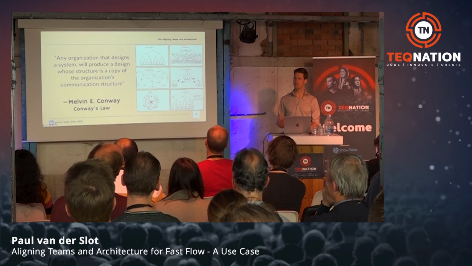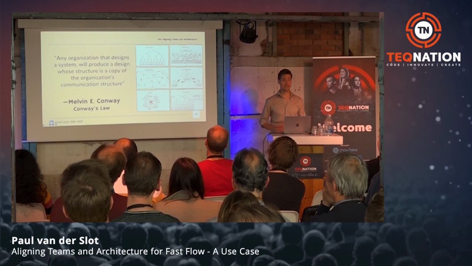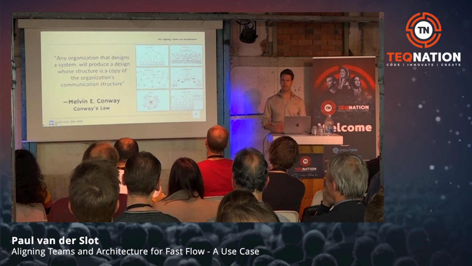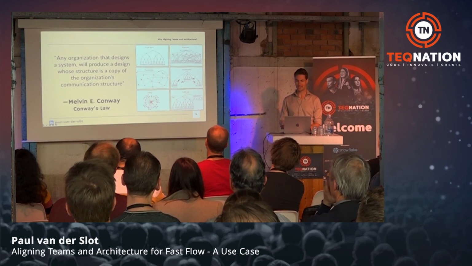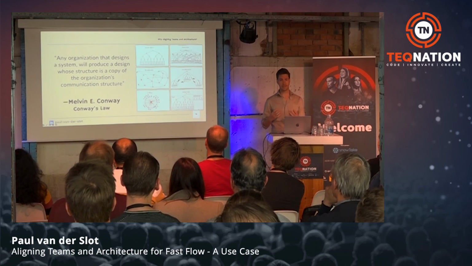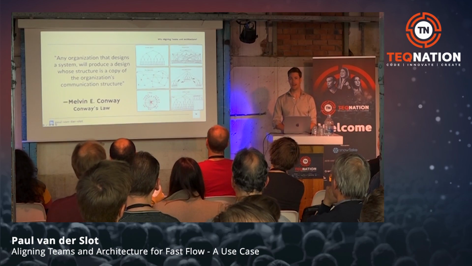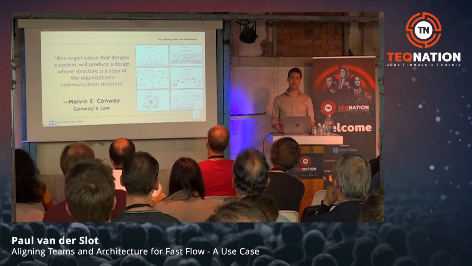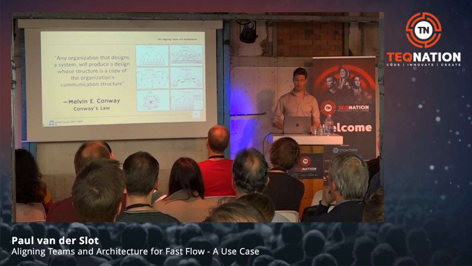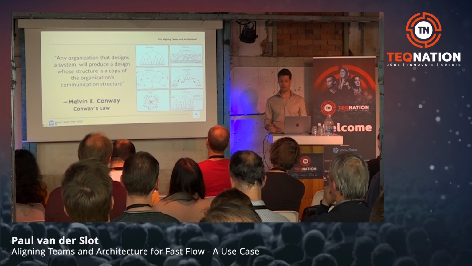If you take this to a team level, you might understand that communication inside a team is very excessive. So you have a lot of communication and well-communicated things in teams. But between teams, the communication is often less good. So the result of that is that everything inside a team will be coupled more, and everything outside the team will be decoupled more.